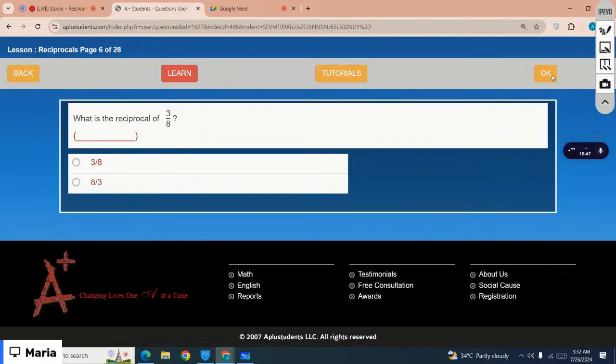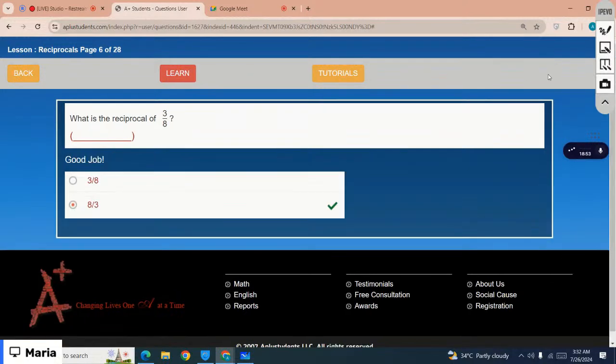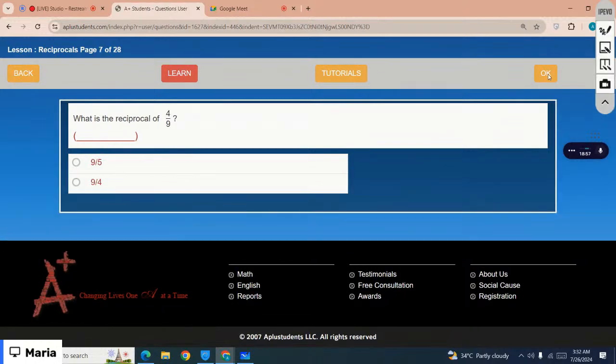Option number 2 is the correct option, right? What is the reciprocal of 4 over?